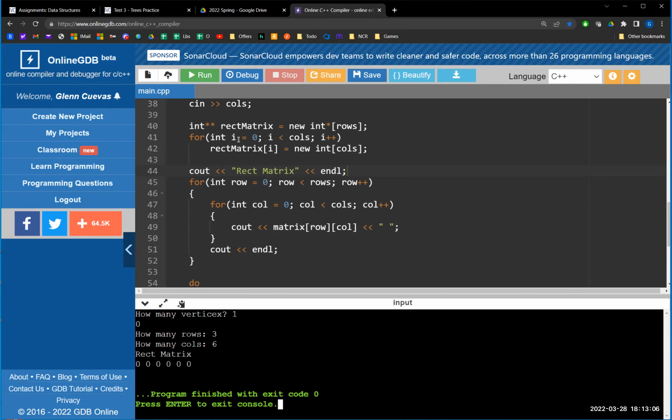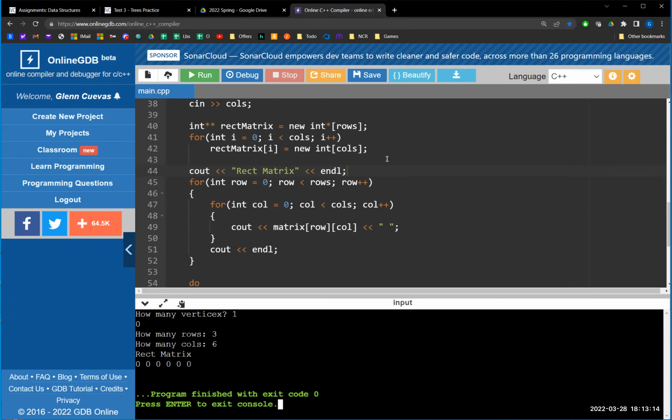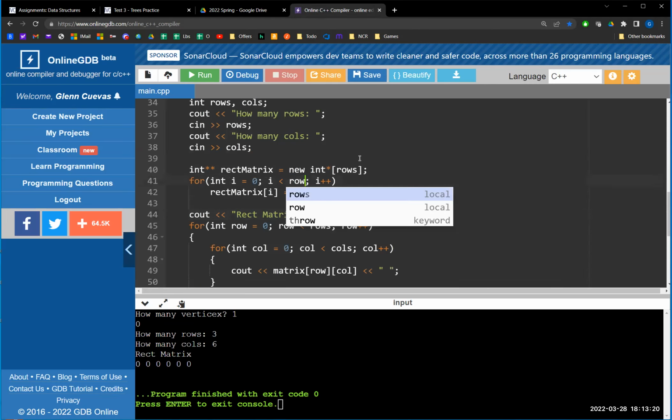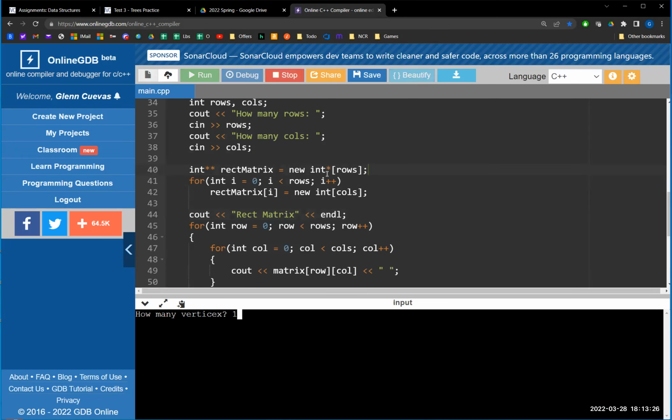Interesting. And now it's even smaller. Okay. Thank you, there it is. Wrong side there, rows. And there we go. That definitely looks like the problem. 3, 6. Wait.